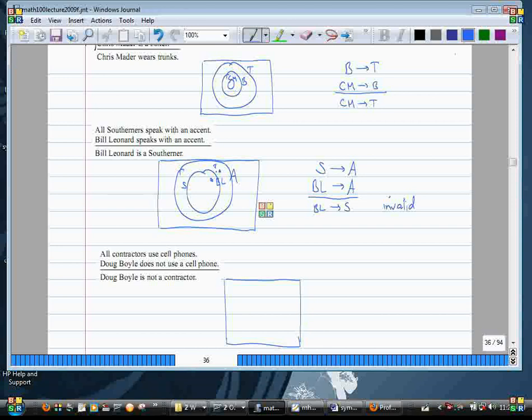He's not a contractor. He doesn't use cell phones, so he can't be a contractor. Okay. Right. So, in fact, for this one, I want to write out the logic notation first. So, how do we write this down in logic notation?